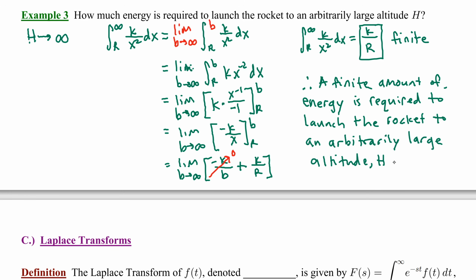So there you go. You have evaluated an improper integral with an infinite upper limit to do rocket science. So you can go home and tell your families that you did some rocket science today.